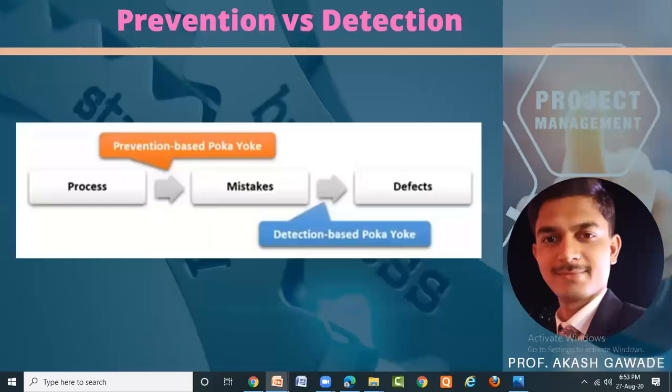The next one is prevention phase detection. See, prevention phase detection, what does it mean? Ideally, we can say Poka Yoke ensures the process is designed so that mistakes can be prevented before they occur.